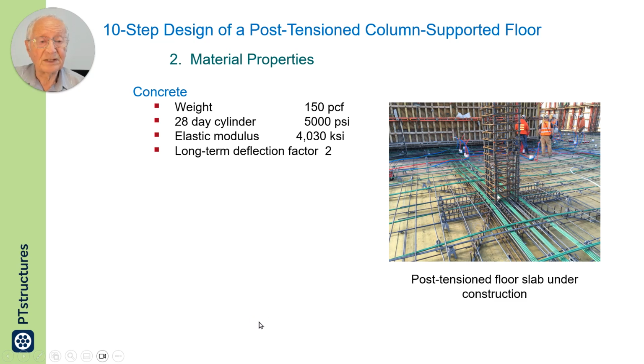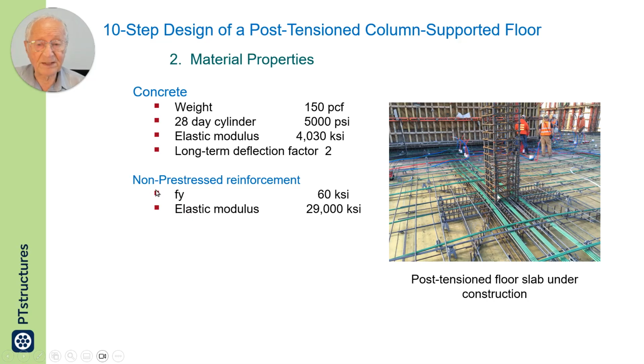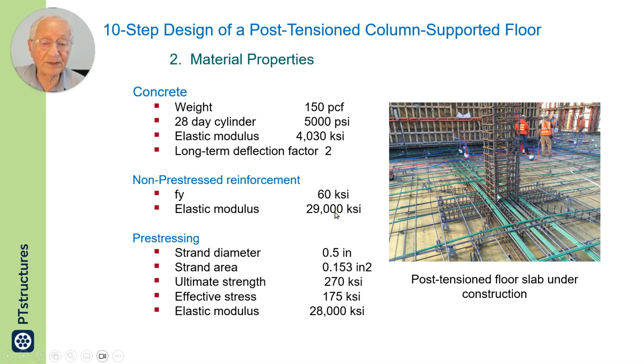Then coming to step number 2, material properties. I have assumed weight, concrete strength, modulus of elasticity, and long-term deflection creep coefficient of 2. Next, assume non-pre-stress reinforcement, 60 ksi, and the elastic modulus. For pre-stressing, the strand selected is ½ inch in diameter, 270 ksi.